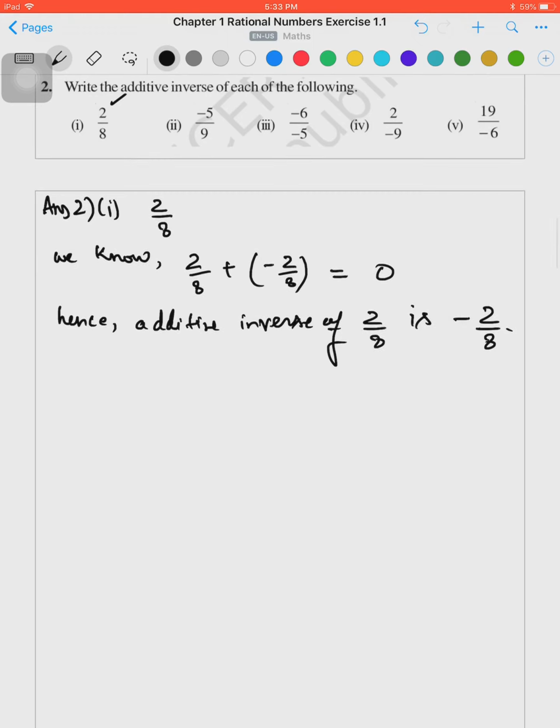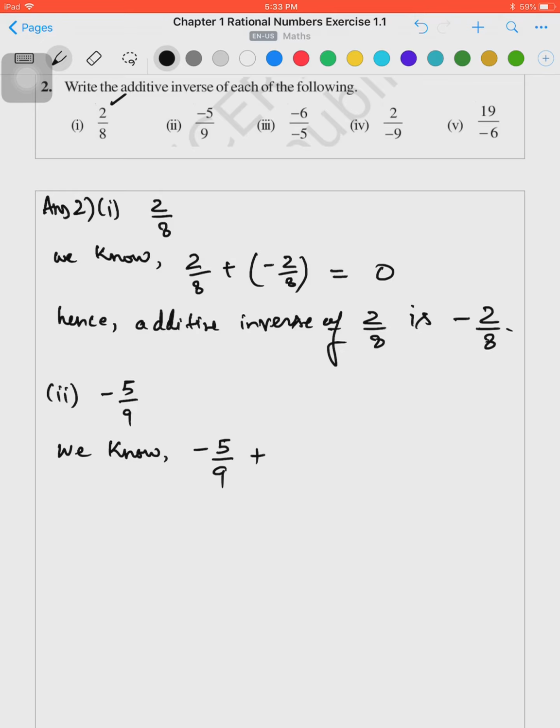Second is minus 5 by 9. As I said, the additive inverse is the number which when added to the original number will result in 0. So the number here we have is minus 5 by 9. What we have to add here is the negative of this number.